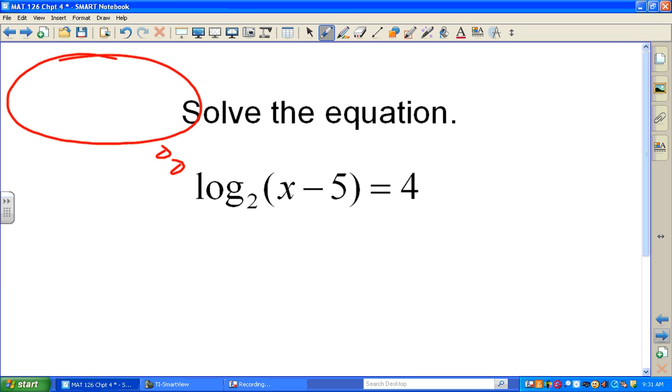Or you can write it in exponential form. If it's in a log, go exponential. If it's in a log, go exponential. What if it's exponential? Go log. There you go. So, I'm going to rewrite it now. How do I rewrite it? William?